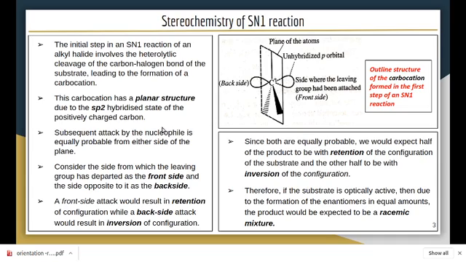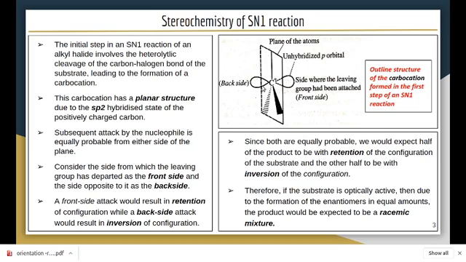The side where the leaving group had been attached is considered as the front side. This is the front side from where the leaving group had been detached. Then the opposite side is considered as the back side. Subsequent attack by the nucleophile is equally probable from either side of the plane.